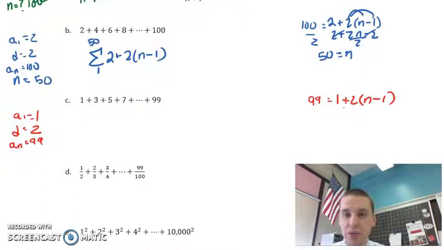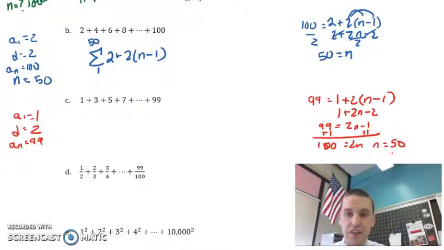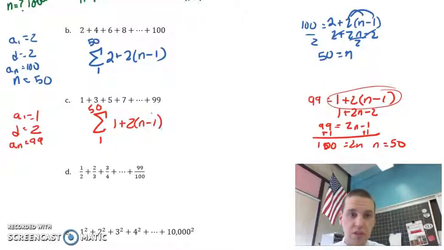It should be getting to be old hat for you now. 1 plus 2N minus 2, so that's going to be negative 1, add the 1, get 100 to equal 2N, and therefore N equals 50. So when we're writing out the summation, 1 to 50 of this formula, or that equation, excuse me. Done.